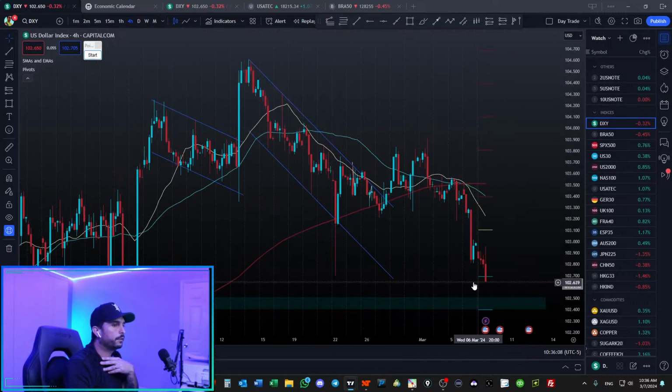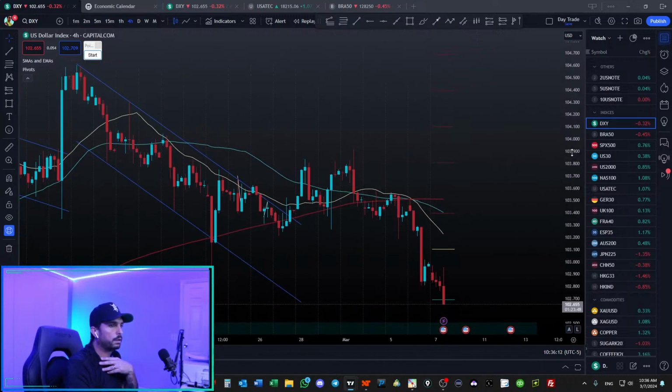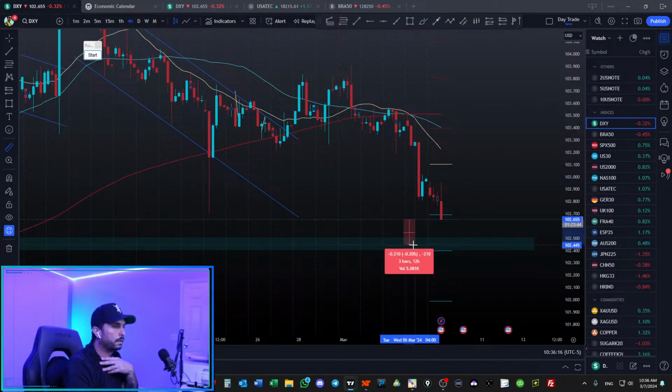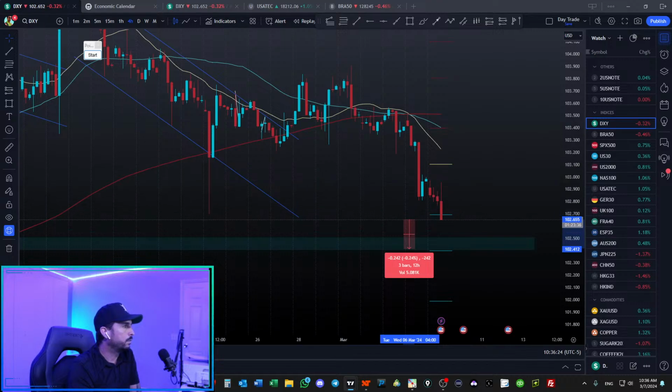So you can look for that. It's about a quarter percent all the way down, which is one more candle pretty much.